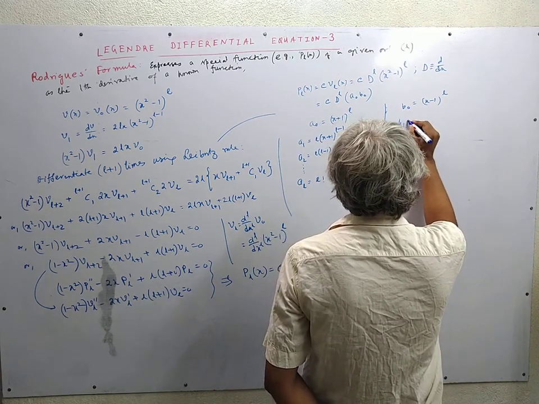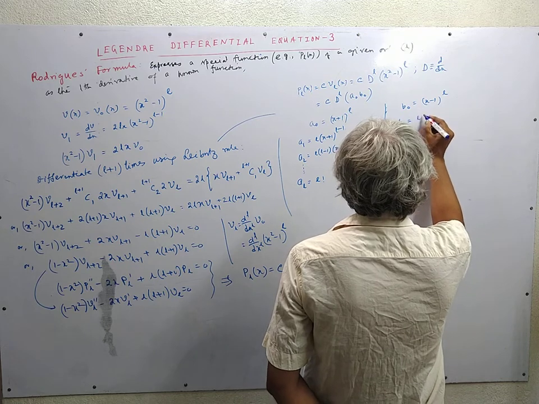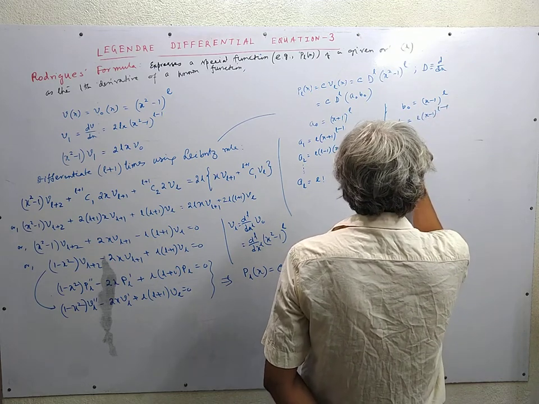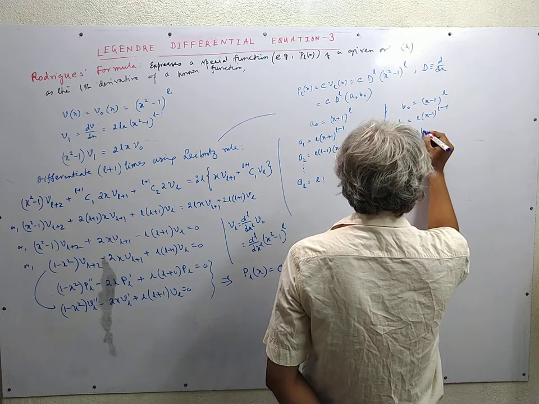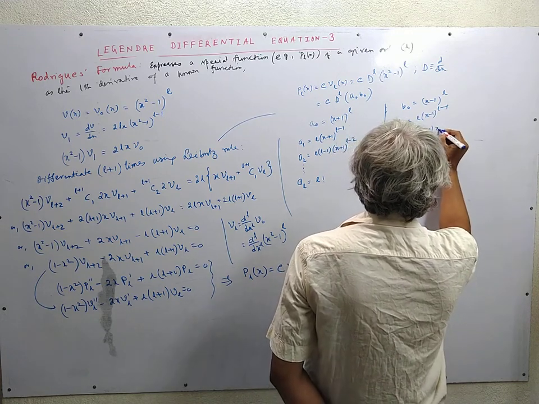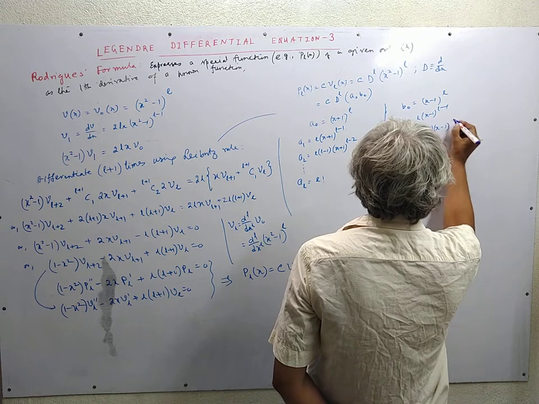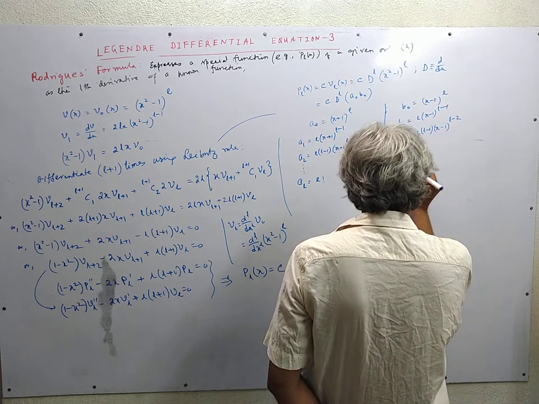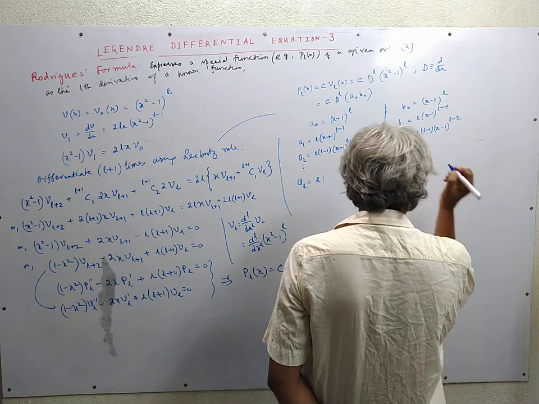B1 is equal to L into x minus 1 to the power L minus 1. B2 is equal to L into L minus 1 times x minus 1 to the power L minus 2. Going in this way, BL is equal to factorial L.